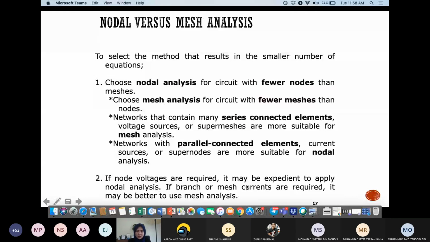Chapter 3 is the electronics part, and we will cover it on Thursday. The marks for the midterm test are mostly from chapter 2, and only a small portion from chapter 3. Chapter 3 is more the theoretical part, and chapter 2 is the calculation part.